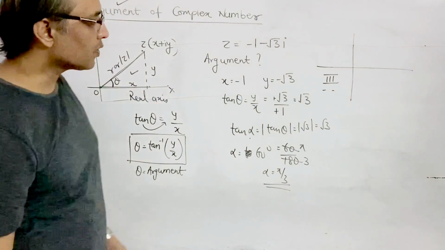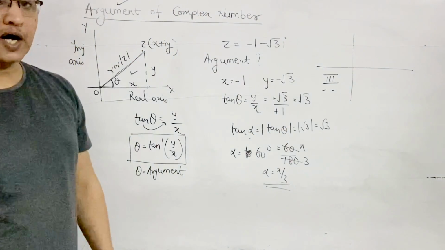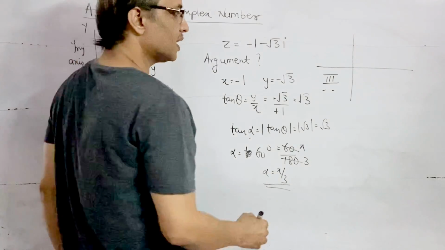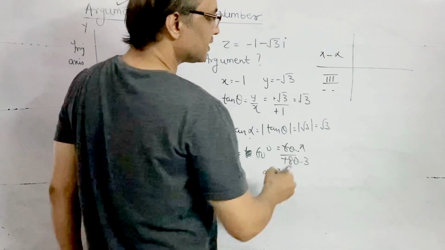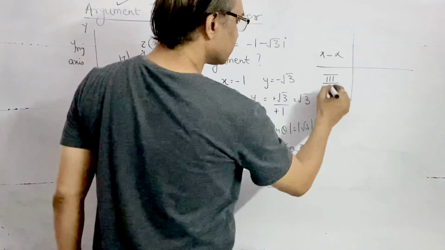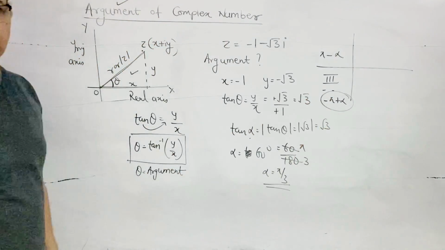Now we know that our complex number lies in the third quadrant. And what is the value of argument in the third quadrant? That I have told you. In the second quadrant it is pi minus alpha, and in the third quadrant it is negative of this, minus pi plus alpha. So we have to use this formula, minus pi plus alpha.